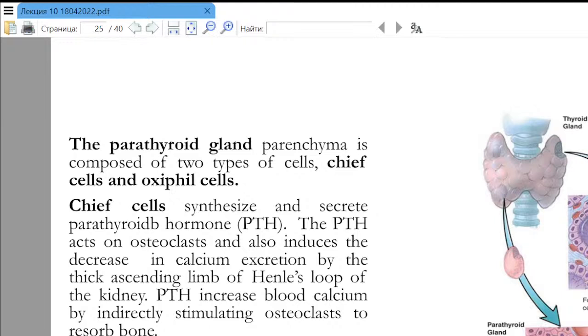PTH acts on osteoclasts and also induces a decrease in calcium excretion by the ascending limb of Henle's loop of the kidney. PTH increases blood calcium by indirectly stimulating osteoclasts to resorb bone.